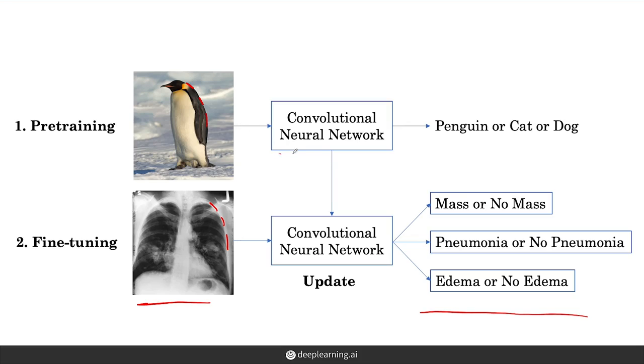Then when we transfer these features to our new network, the network can learn the new task of chest x-ray interpretation with a better starting point. This first step is called pre-training, and the second step is called fine-tuning.